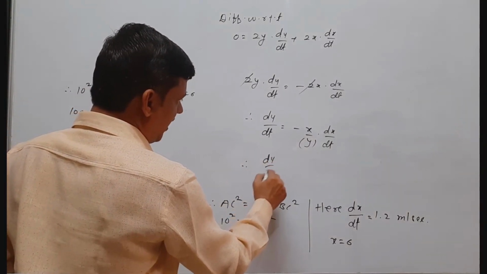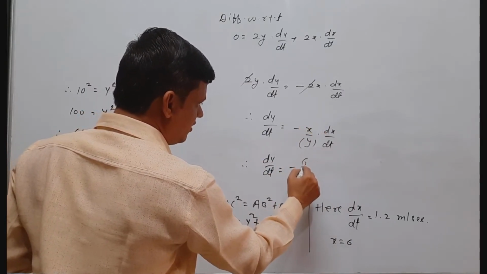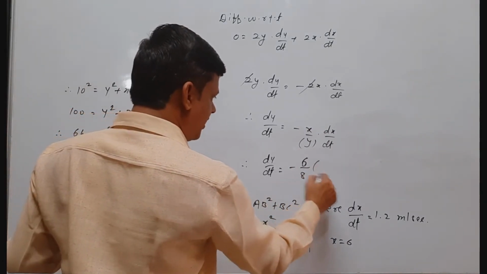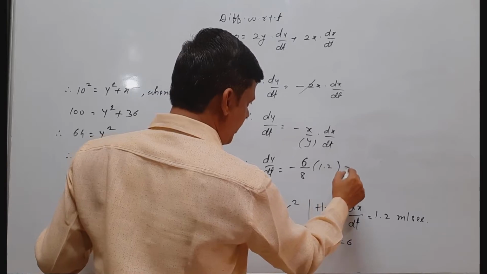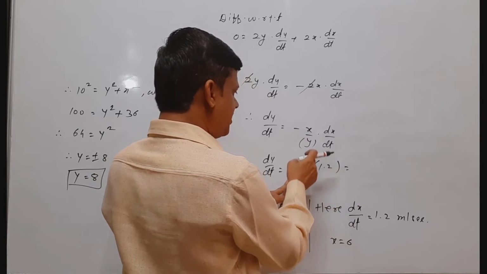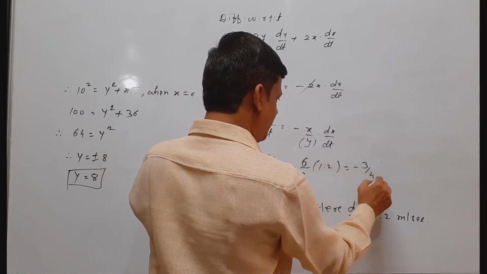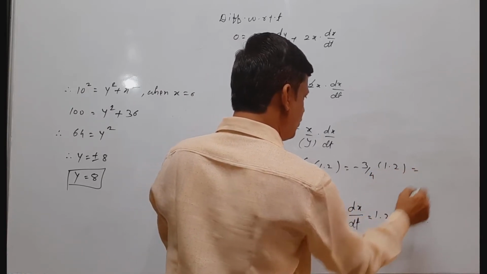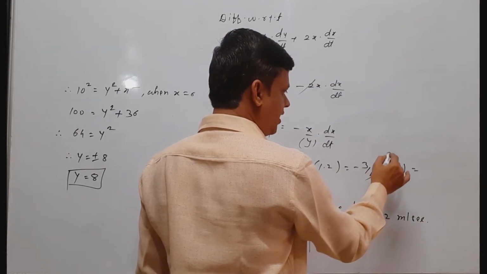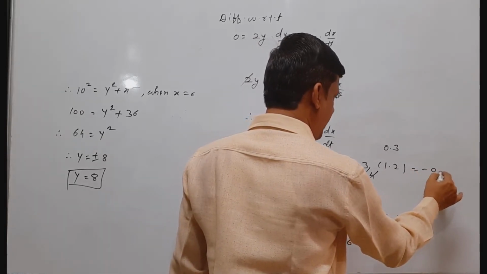Therefore we get dy by dt is equal to minus, the value of x we substitute as 6, then the value of y we write 8, and dx by dt which is 1.2. So simplify this, when we divide 6 by 2 and 8 by 2, we get here 3 by 4. So minus 3 by 4 into 1.2, which is equal to, again we divide this 1.2 by 4, so we get here 0.3, so minus 0.9.